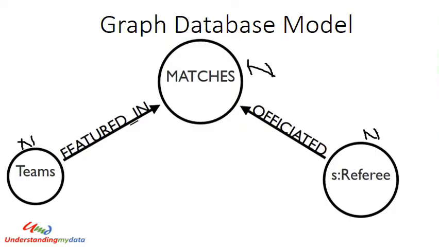This is a node, and you have two relationships: teams featured in matches, and referees officiate matches. So what you can see is you have three nodes and two relationships in our graph database model.